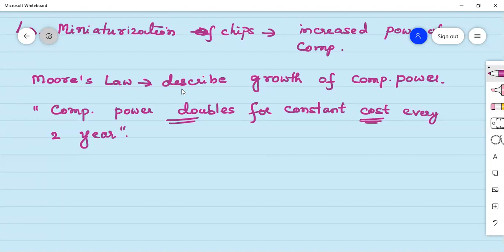But of course, the growth was true. Whatever he said was true initially. But after that, now it looks as if we have reached the limit. That is doubling power, whatever he said for 2 or 3 decades. Now, whatever he says, that at a constant cost, power doubles every 2 years, this is not becoming true anymore. Okay.